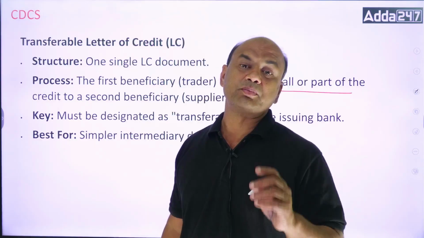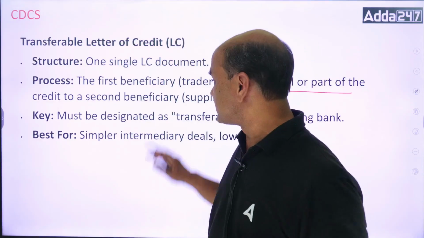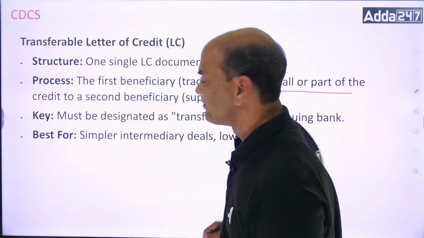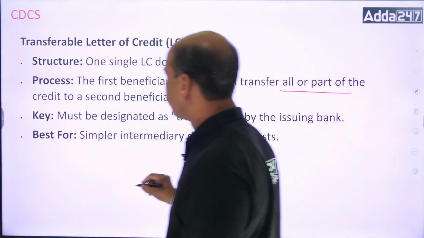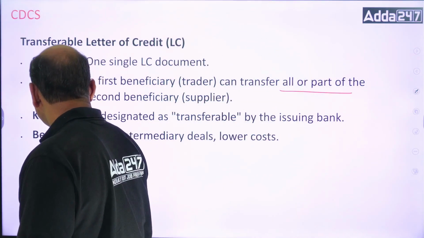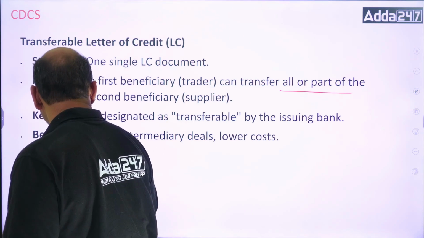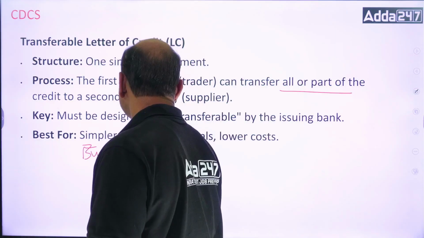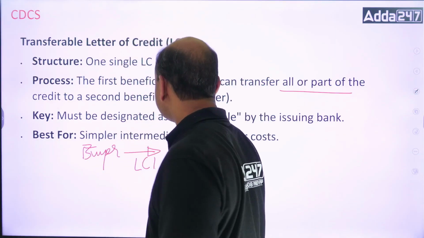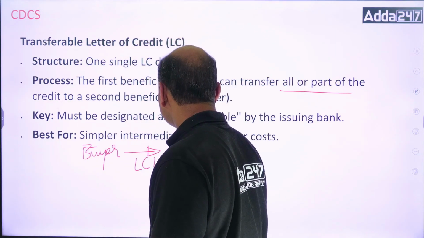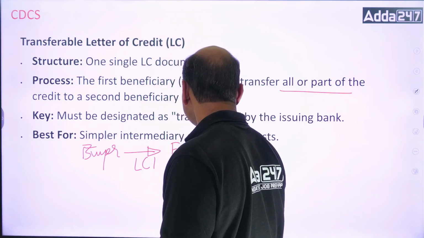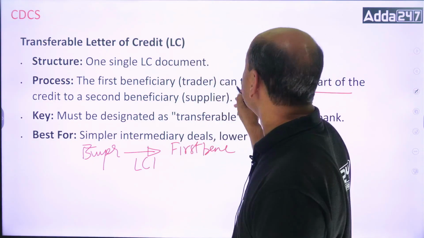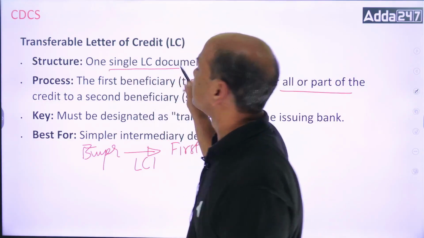Now the question arises, which is not mentioned here. See this. The buyer is giving this LC1 to, let's say, the first Benny. And it transfers the single document, single LC.